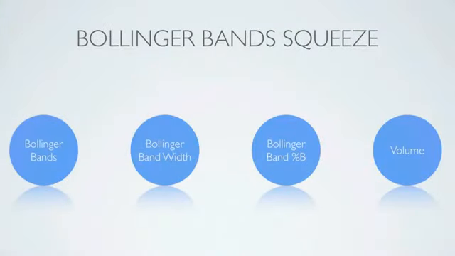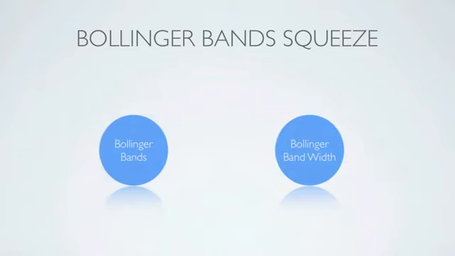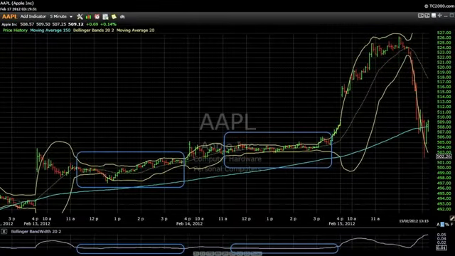The Bollinger Band squeeze has 4 components in it, and we will break these components down. The first would be the Bollinger Band and the Bollinger Band width. You can see here that the Bollinger Bands have contracted here and here. We can also see the Bollinger Band width is relatively flat, but it's not necessarily important to be flat, just a low reading, and you can see it has a low reading compared to, for example, this one.